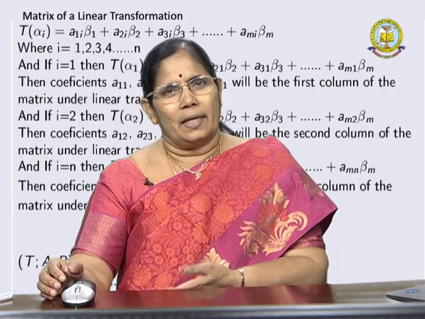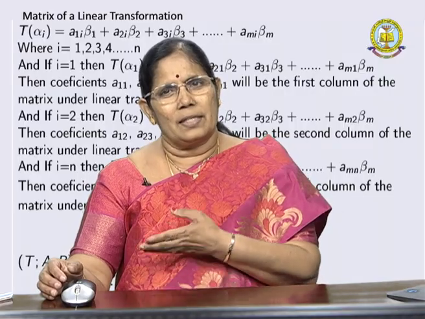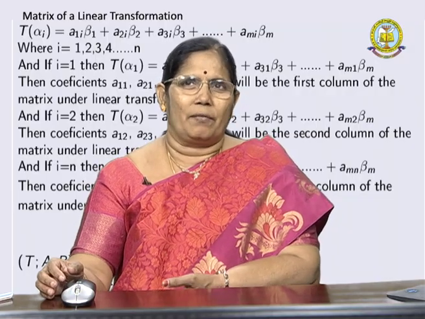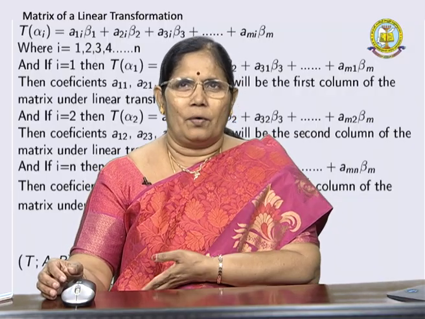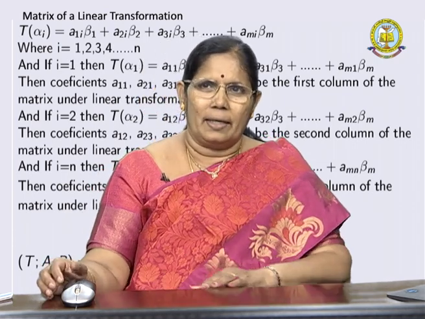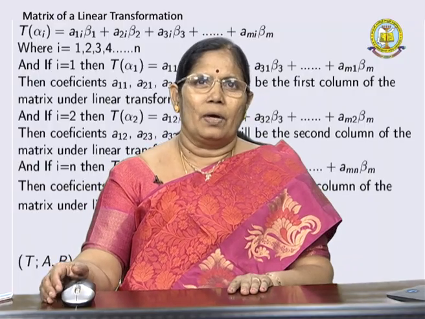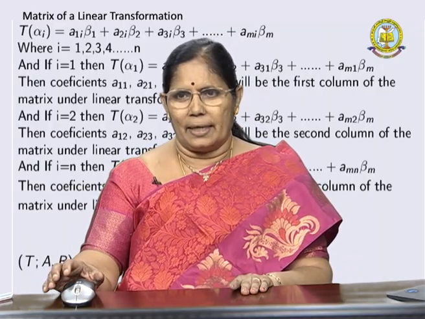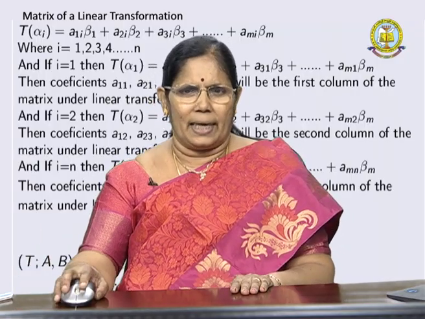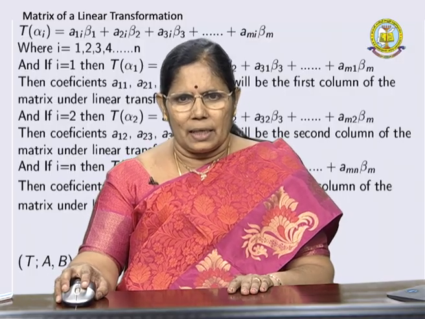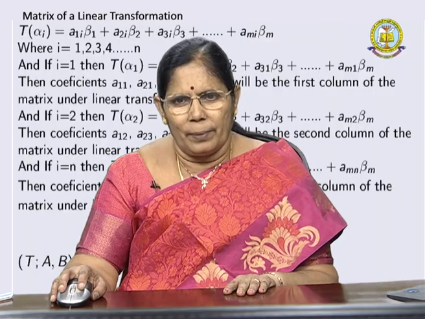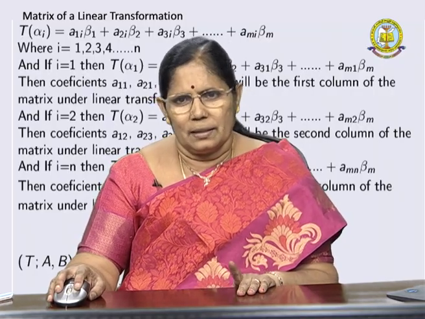We know that a set of vectors alpha 1, alpha 2, etc., alpha n is linearly independent if every relation of the form a1 alpha 1 plus a2 alpha 2 plus and so on plus an alpha n equal to 0 vector implies a1 equals 0, a2 equals 0, etc., an equals 0. So, every time you take a relation of the form sigma p equal to 1 to m, sigma q equal to 1 to n, a_pq T_pq is 0 vector.